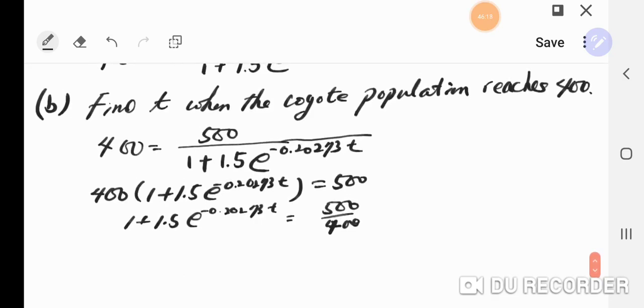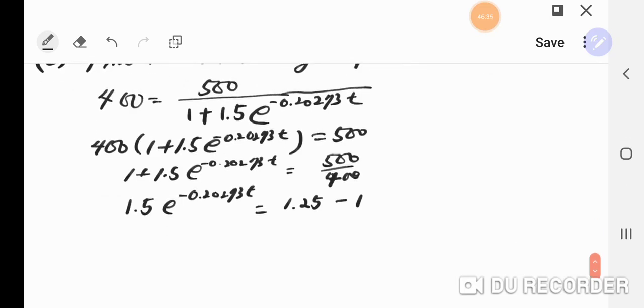Then subtract 1 from each side: 1.25 minus 1 is 0.25.